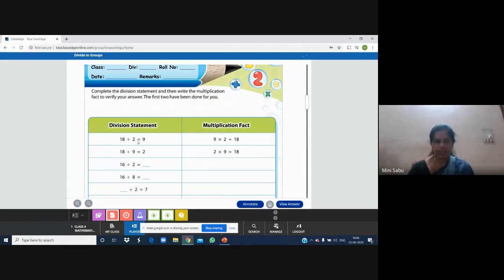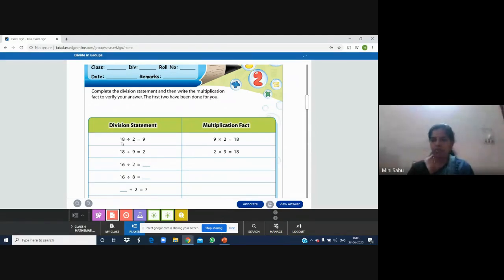Let us take the first question. This is 18 and this symbol is the divide symbol, as you have learned plus, minus, multiply. This is the symbol for division. Division means equal sharing. 18 divided by 2 is equal to 9. Suppose this 18 means 18 anything. Let it be 18 bananas, and 2 means 2 children.